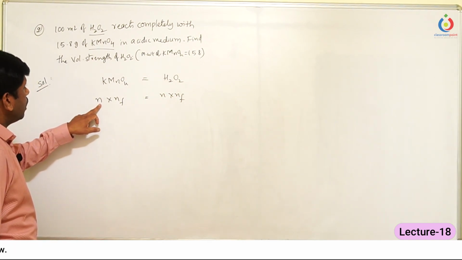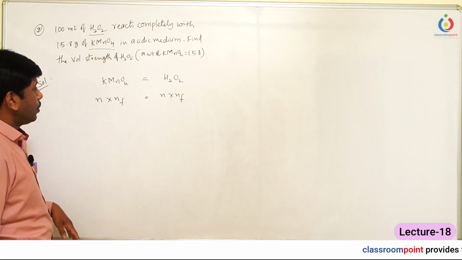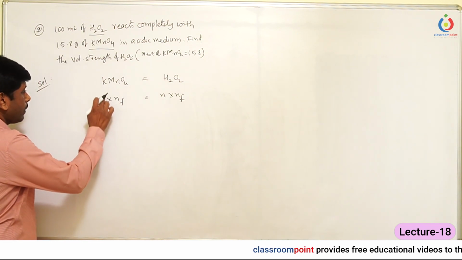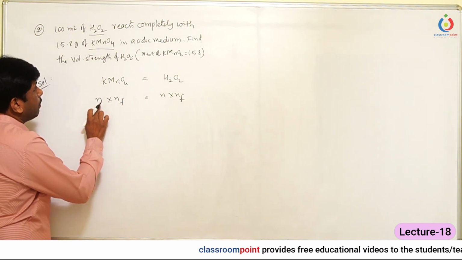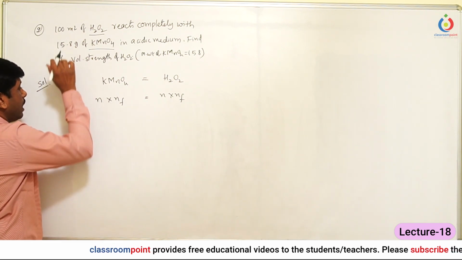See here, they asked about the volume strength of the H2O2. So let us try to calculate the molarity of the H2O2. Here, the number of moles value is not given but the mass is given.